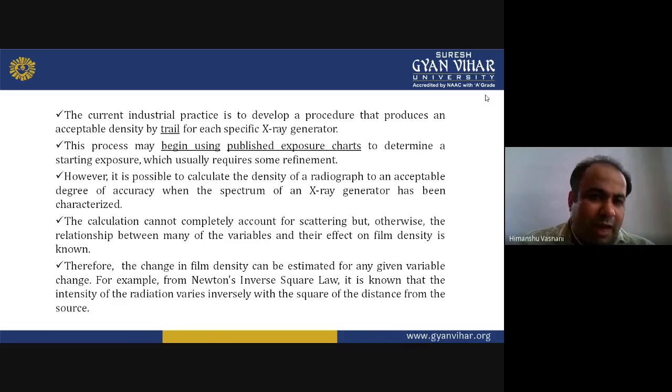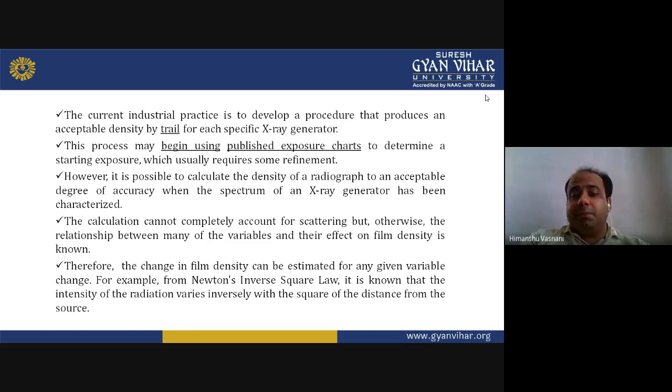However, it is possible to calculate the density of a radiograph to an acceptable degree of accuracy when the spectrum of the X-ray generator has been characterized, with the help of these curves. The calculation cannot completely account for scattering, but otherwise the relationship between many of the variables and their effect on film density is known.